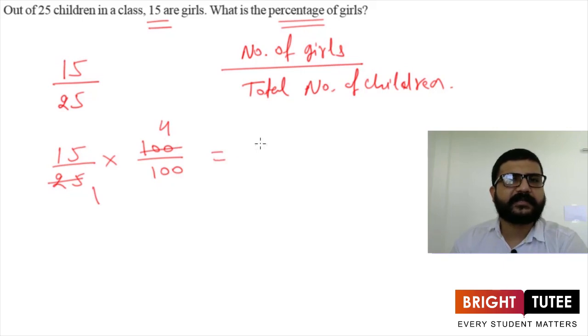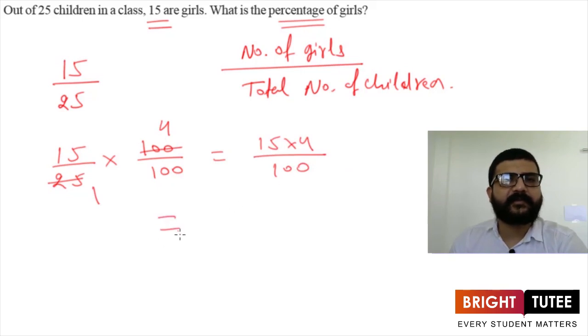Now this becomes 15 into 4 upon 100. Now this will be equal to 15 into 4% because here the denominator is 100. So it means this is 15 into 4, which is 60%.